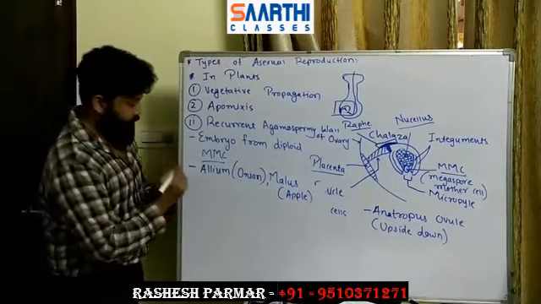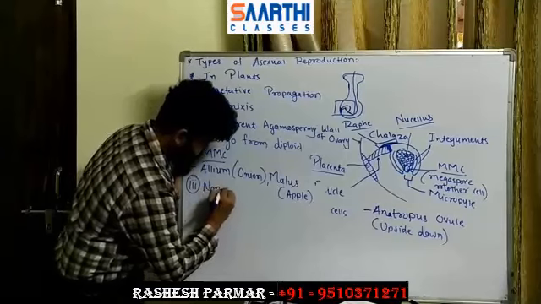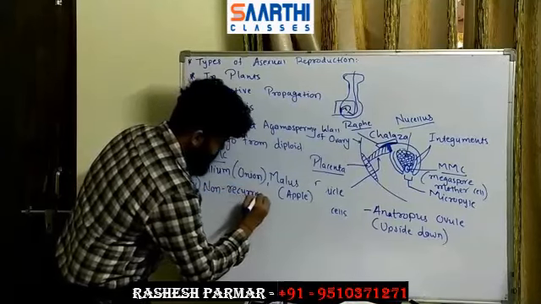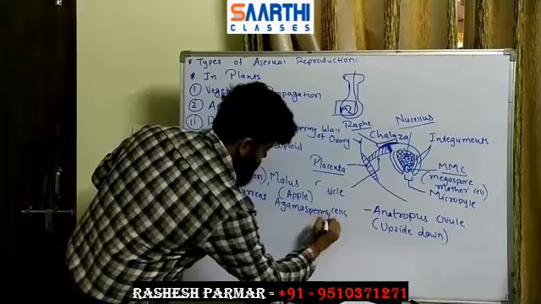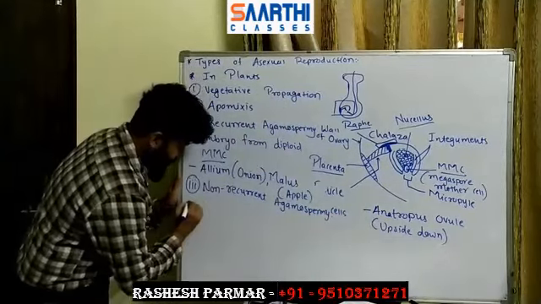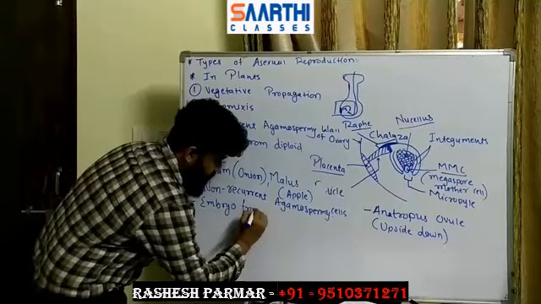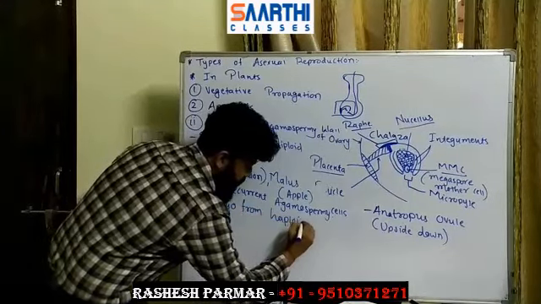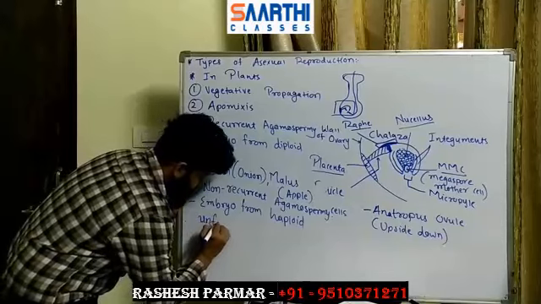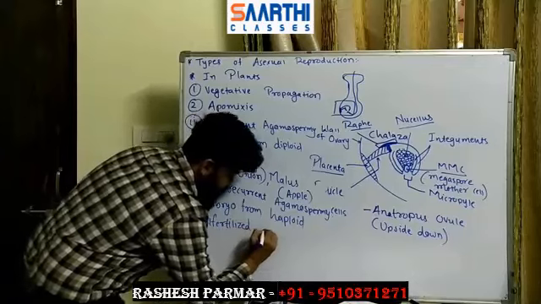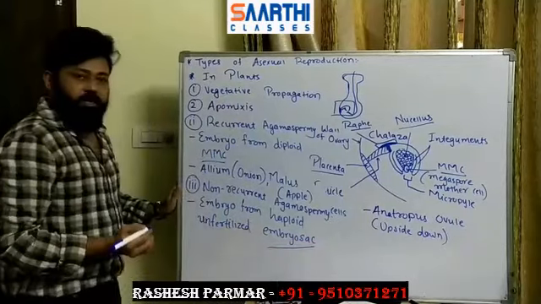The third type is non-recurrent agamospermy, which involves formation of embryo from haploid unfertilized embryo sacs.